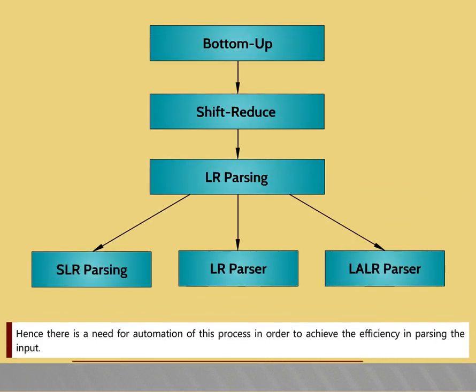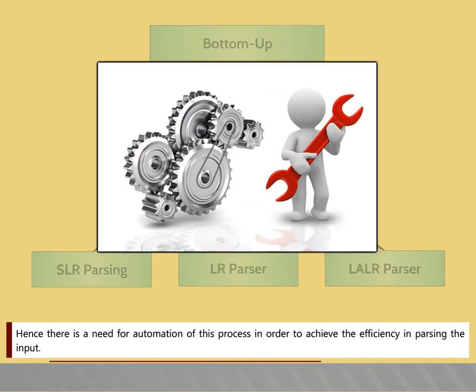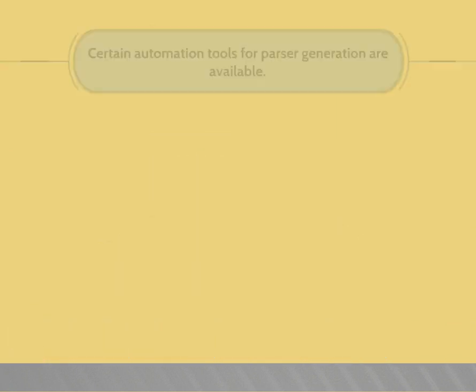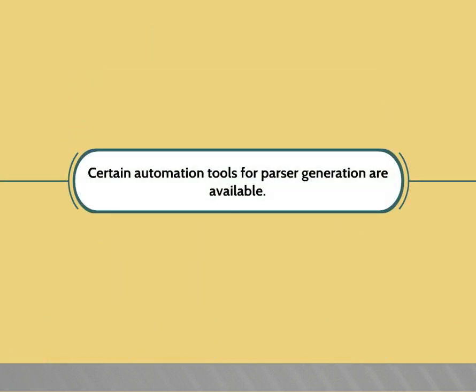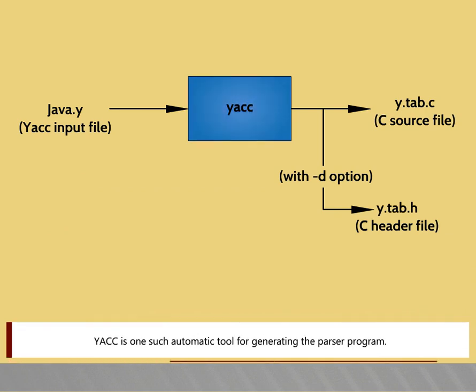Hence, there is a need for automation of this process in order to achieve efficiency in parsing the input. Certain automation tools for parser generation are available. YACC is one such automatic tool for generating the parser program.